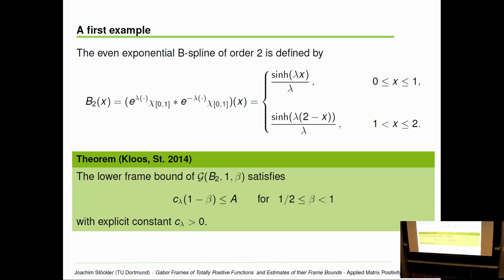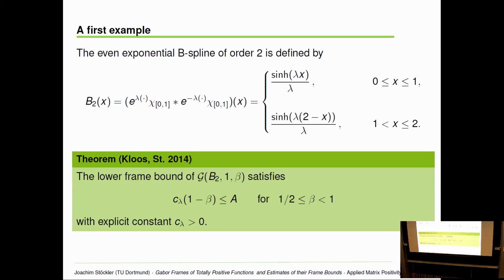So you get a very simple result about the norm of the inverse in terms of the reciprocal of 1 minus beta. And taking the reciprocal once more, you get a lower bound for the lower frame bound A in terms of 1 minus beta.